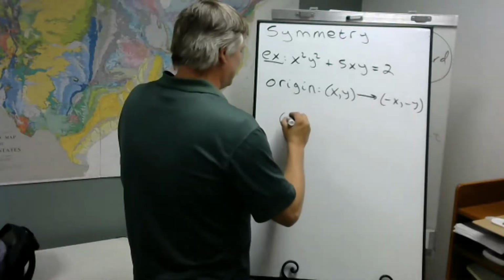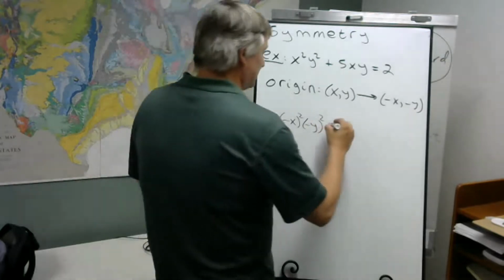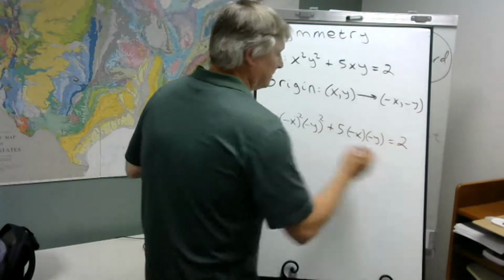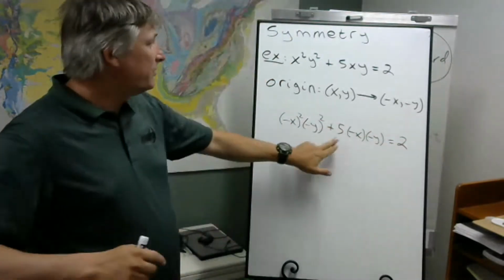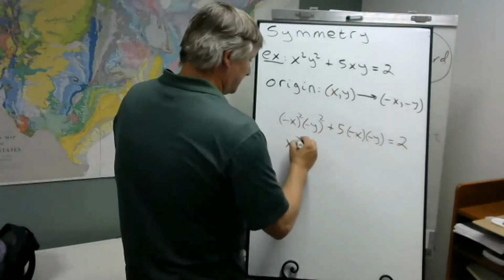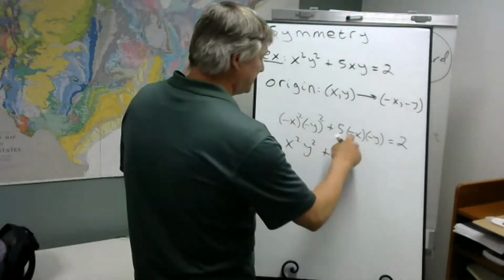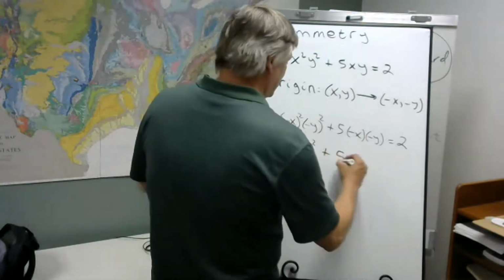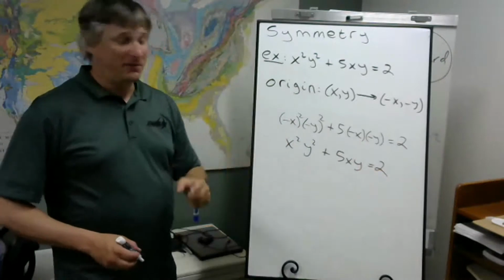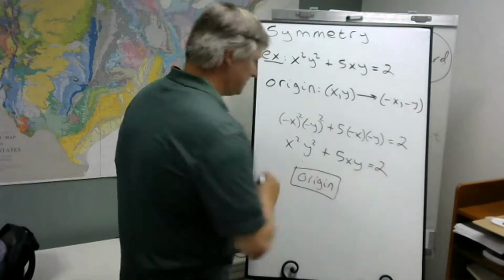So negative x squared, negative y squared, plus 5 times negative x, negative y is equal to 2. Will this simplify to give us the original equation? Well, negative squared, that negative goes away. Negative squared, again, the negative goes away. Here, negative times negative is positive. We get 5xy equals 2, and sure enough, it's the same thing that we started with. So in the end, this is symmetric about the origin.